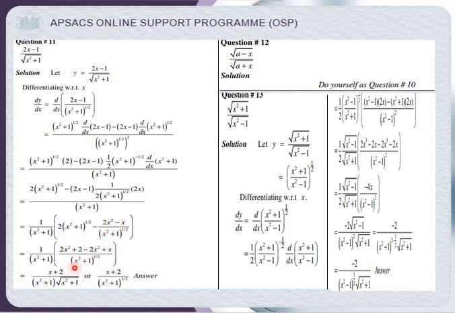Okay, now the base is the same, so the powers should be added, and 2x square minus 2x square is cancelled, so 2 plus x is the only remaining. That is the answer of question number 13. Now you can do question number 12 by using question number 10 and question number 11.